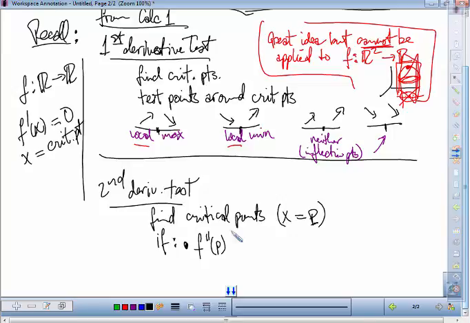If the second derivative is positive, then it's a min because that means it's concave up, and this is a critical point where the derivative is equal to 0, so it has to be a minimum.